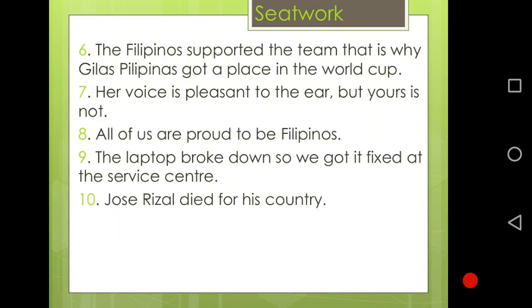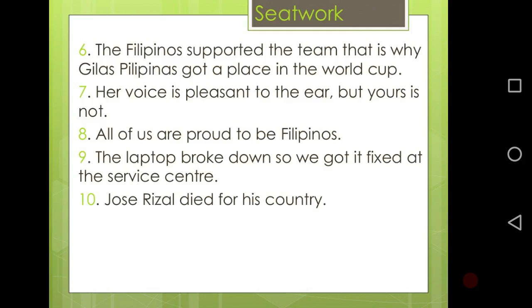6. The Filipinos supported the team. That is why Gilas Filipinos got their place in the World Cup. You see, that is why introduces the adverb clause as well.